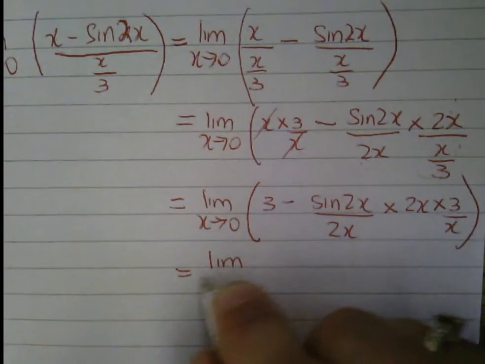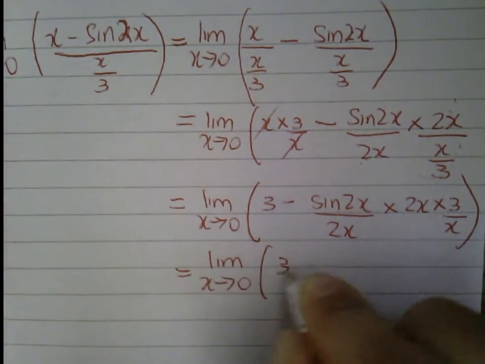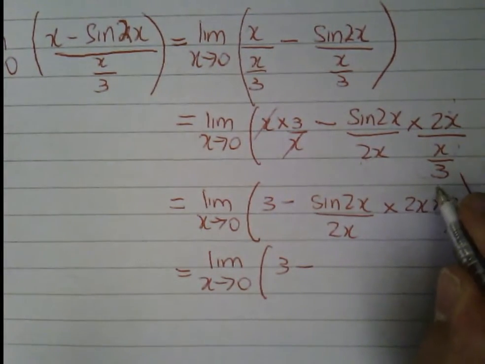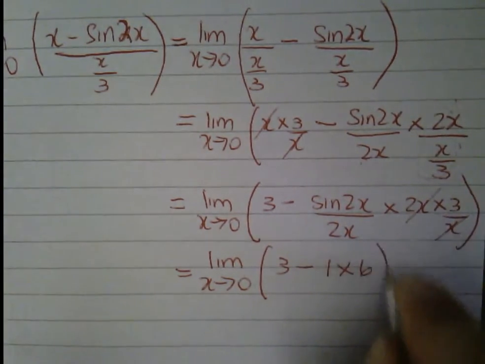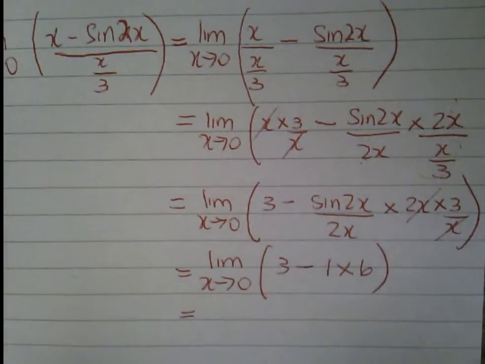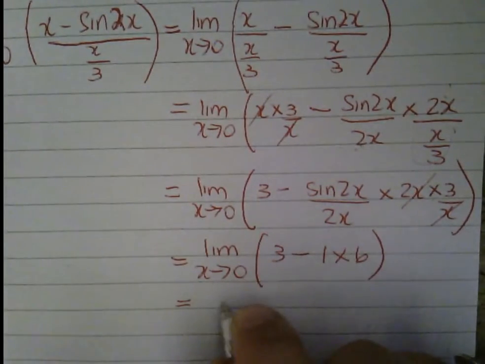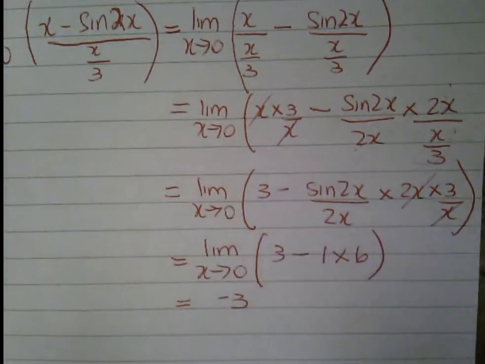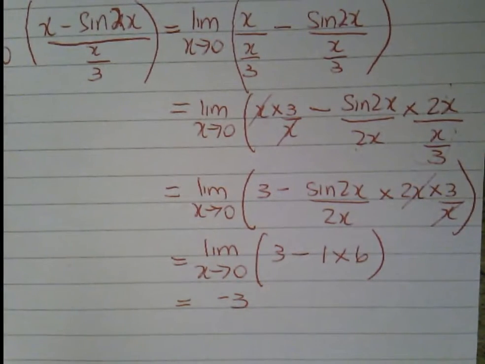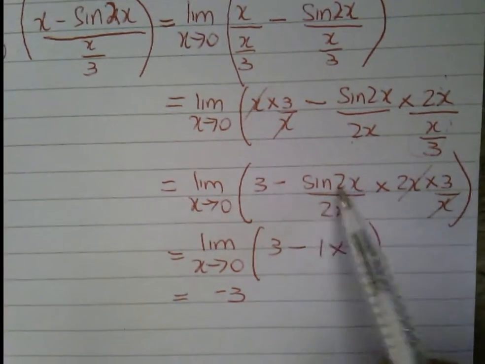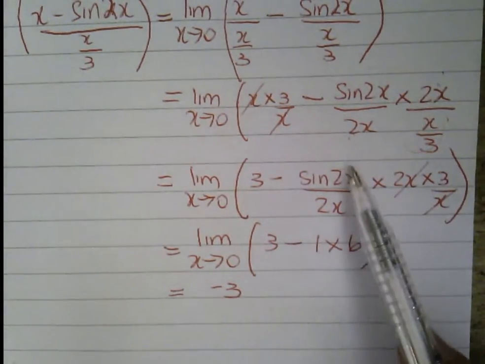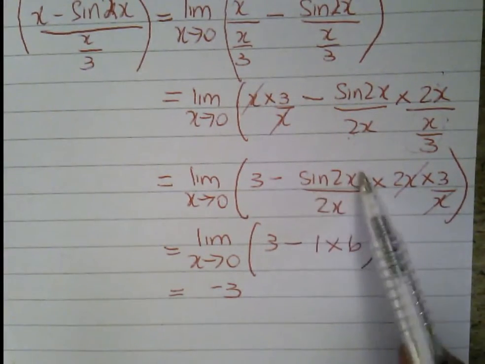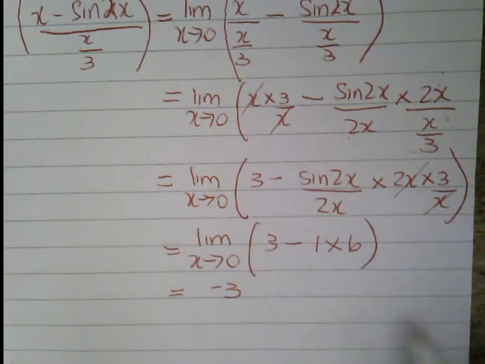So therefore, it's the limit as x approaches 0 of 3 minus, now I can see exactly what it is. 3 minus 1 times 6. What's the answer? -3. So it's just -3. There is no x there anymore. Like, yeah, there is. It's that bit. But these just form 6. Limit as x approaches 0 of sine of 2x on 2x is 1.